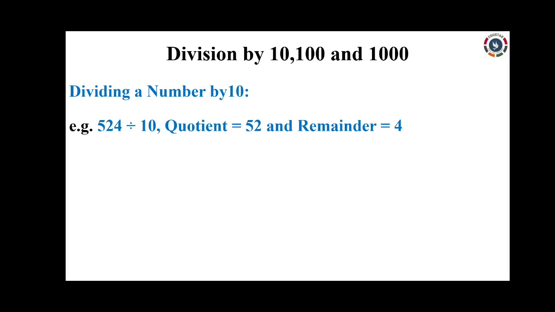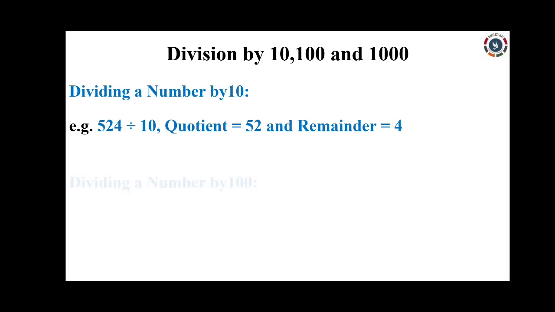The remaining digits are the quotient. Example, 524 divided by 10. The ones place digit is 4. So 4 is the remainder. The remaining digits are 5 and 2. 52 is the quotient.